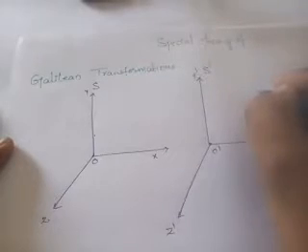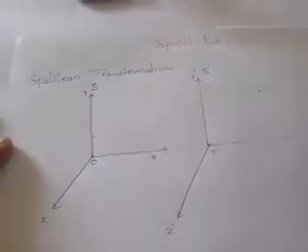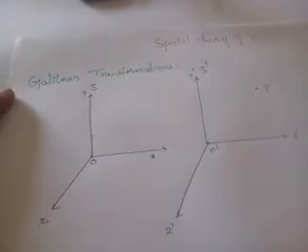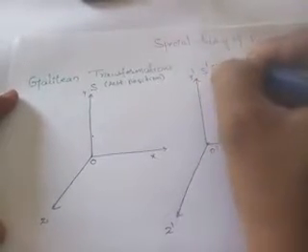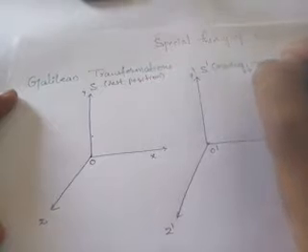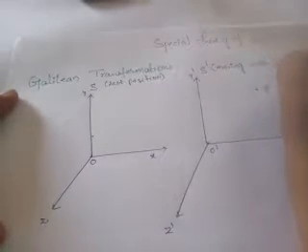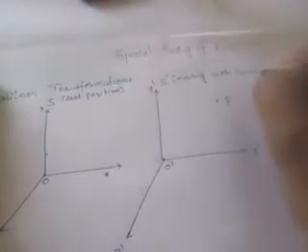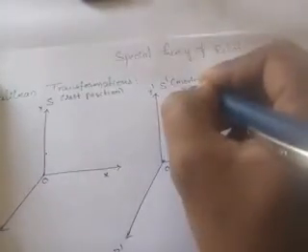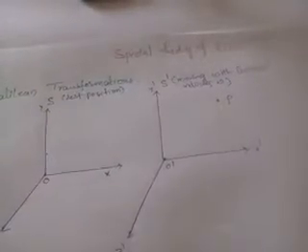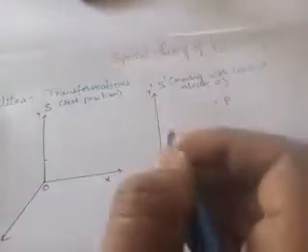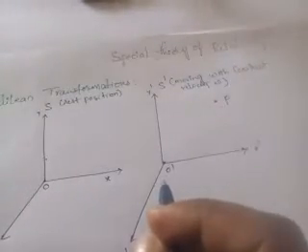Here I am assuming point P. Here S frame is in rest position, and this one is moving with constant velocity V. Okay, now see here, the S dash frame is moving with the constant velocity V.